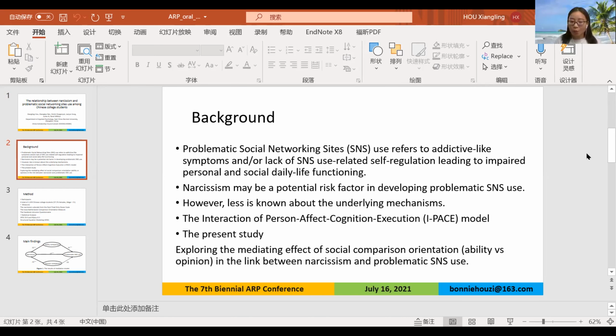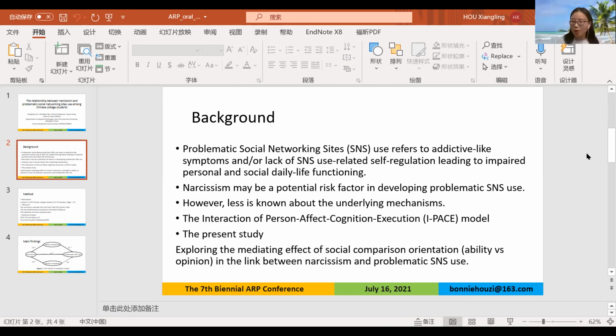The interaction of person-affect-cognition-execution model proposes that problematic internet use results from the interaction between predisposing variables, affective and cognitive responses, and executive functions. Specifically, predisposing variables are risk factors that may lead users to excessively use particular internet applications.